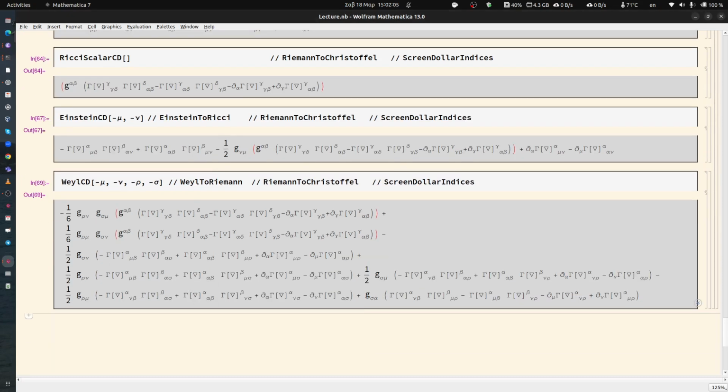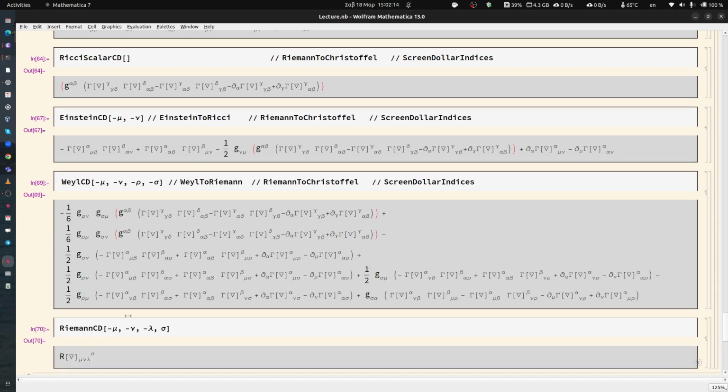So RiemannToChristoffel can be used as a first step to obtain expressions that involve only the metric. So here is a very simple expression, of course, with just one term. First, we transform it to an expression that has the Christoffel symbols, as before.